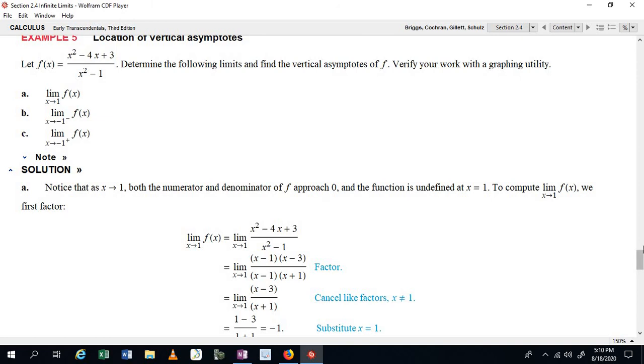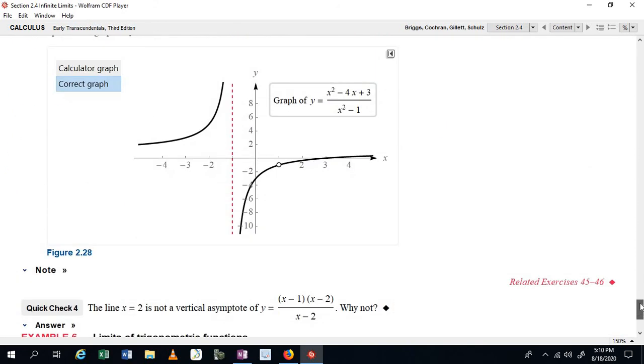And so if you look at this graph right here, as x approaches 1 from both sides of 1, the y value that it's approaching looks to be somewhere right here like at -1, but it certainly isn't plus or minus infinity. Okay, so that's pretty clear that that is not, by definition, the location of a vertical asymptote.